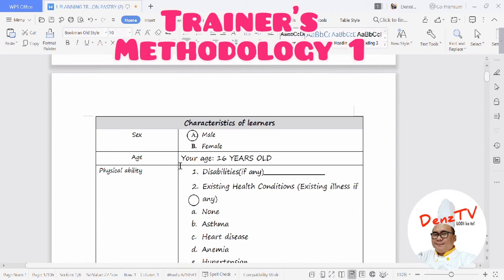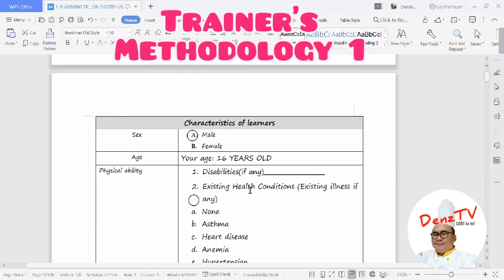Your age can affect the plan depending on what is delivered, how it is delivered, and at what pace it's delivered. As a trainer, you can also determine how to divide them according to their age.